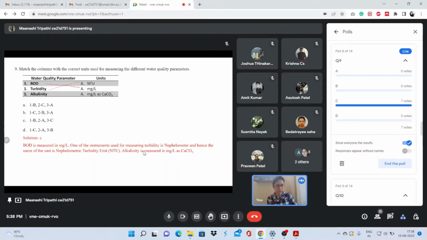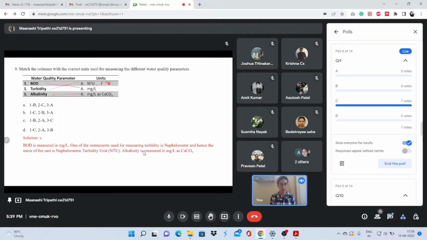One more unit we use for turbidity is formazine turbidity unit, just because in the nephelometric instrument we use formazine polymer, that's why we also call it formazine turbidity unit. This is also the same unit. NTU is equal to FTU, no change, and alkalinity as calcium carbonate.